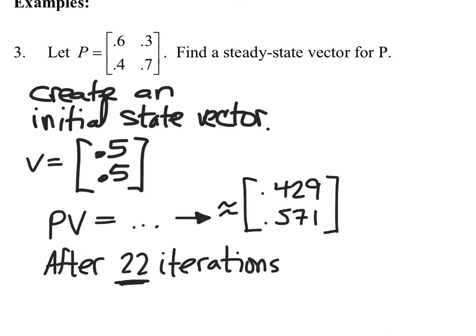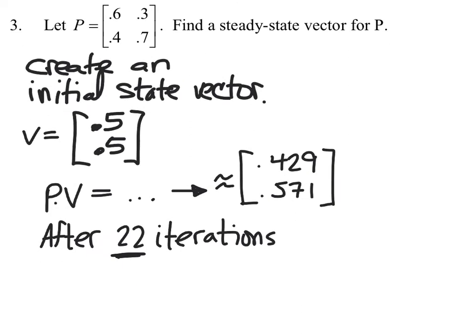That's how you get the full credit for this, because remember, the alternative is to do all this by hand, which we absolutely, positively do not want to do. So you come up with a steady state vector, which is repeated products of P and V, and also indicate the number of iterations that got you to that.